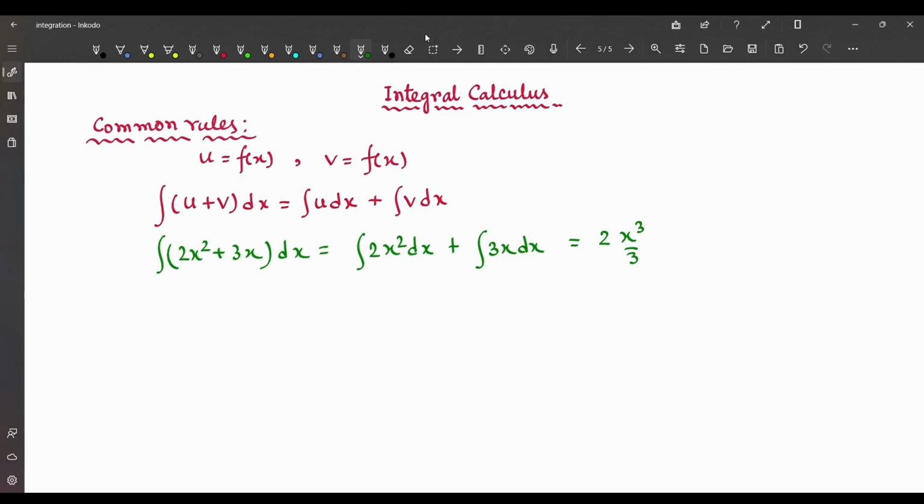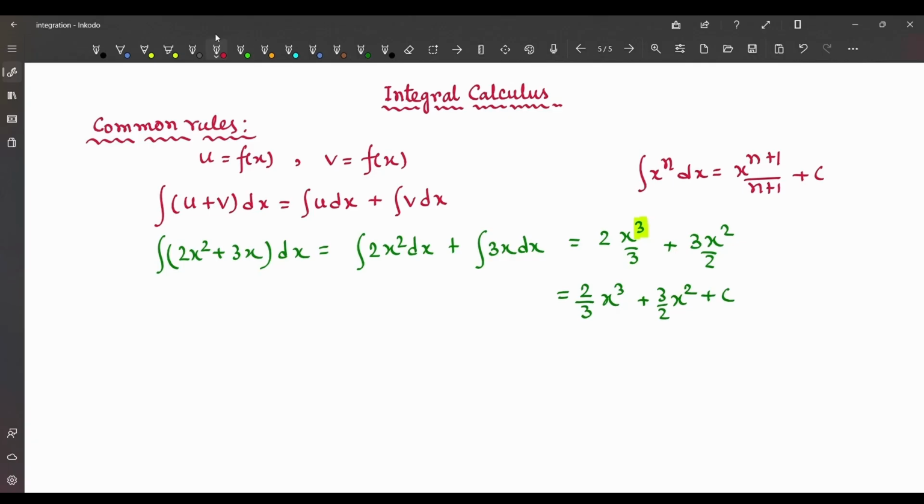Here we consider the basic formula, that is integration x to the power n dx is x to the power n plus 1 by n plus 1 plus c. Here we consider 1 as n in 3x, and integration of 3x dx is 3x square by 2. Therefore this is 2 by 3 into x cube plus 3 by 2 into x square plus c, where c is the integration constant.